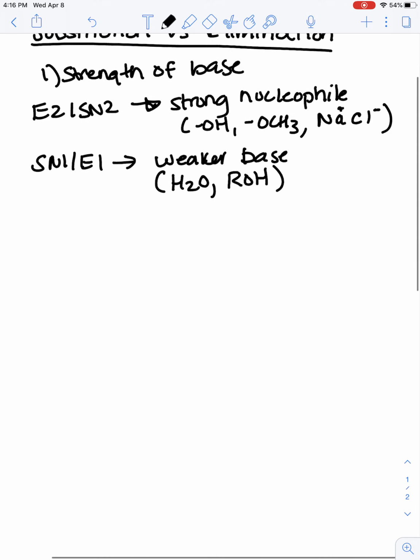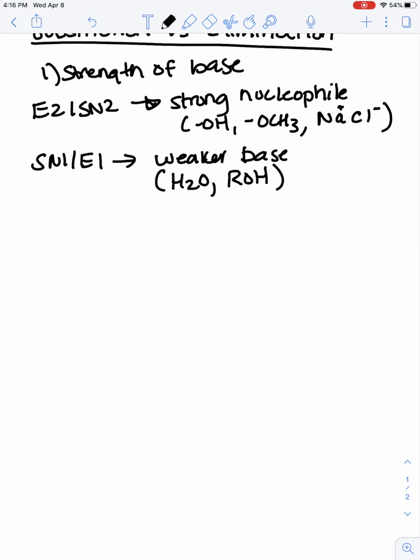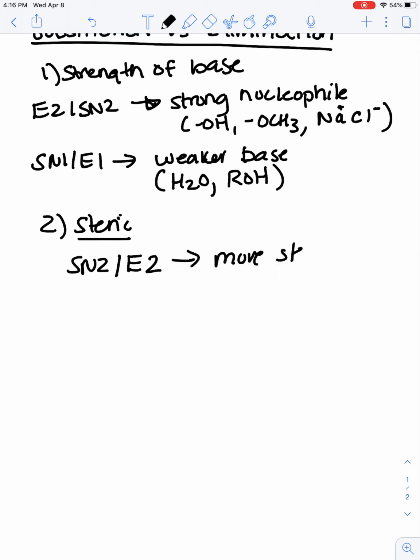So when we look at the steric bulk, so steric interactions or steric hindrance, when we have an SN2 reaction or an E2 reaction, the more steric bulk we have, it's going to favor E2.